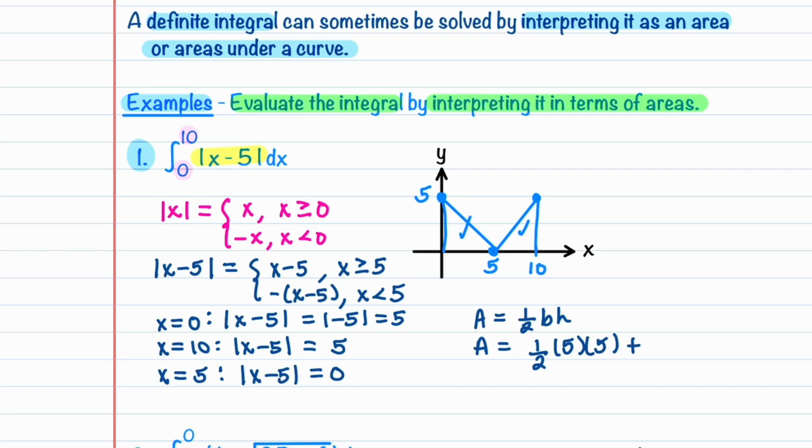And then our next triangle is the same, 1/2 times 5 times 5. You can also think about putting these two triangles together, and then you would just have a rectangle with base 5 and height 5. This gives us an answer of 25. What we did was much easier than having to substitute our piecewise function in and integrate it.